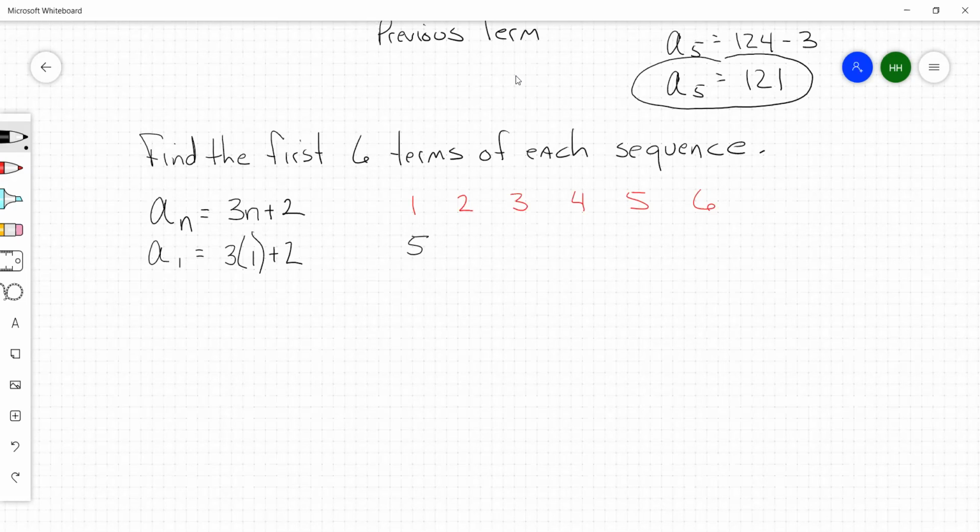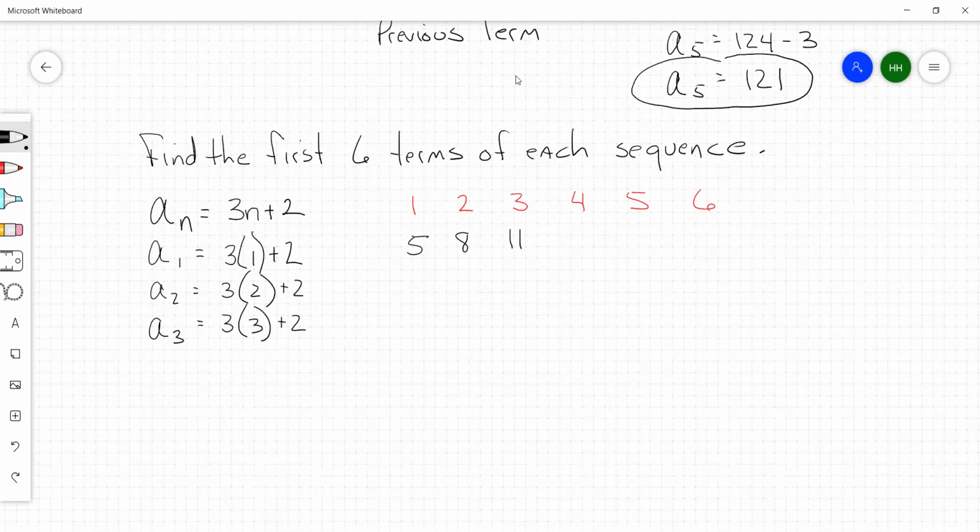Our second term, our a sub 2, is equal to 3 times 2 plus 2. 3 times 2 is 6 plus 2 is 8. Our a sub 3 is equal to 3 times 3 plus 2. And 9 plus 2 is 11.